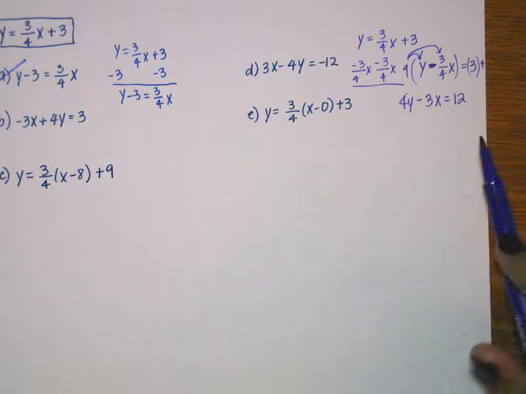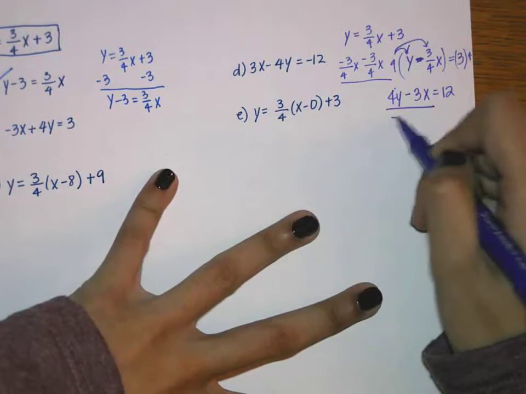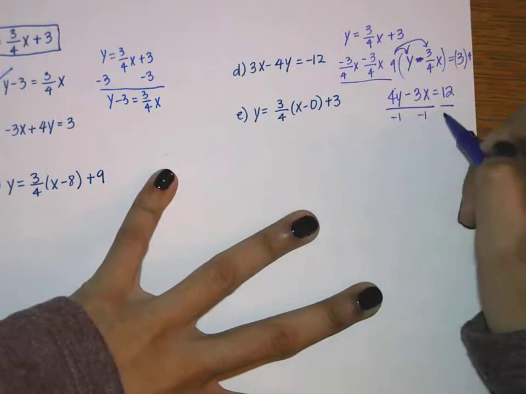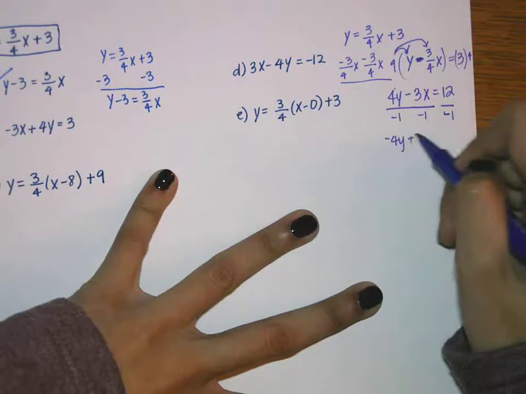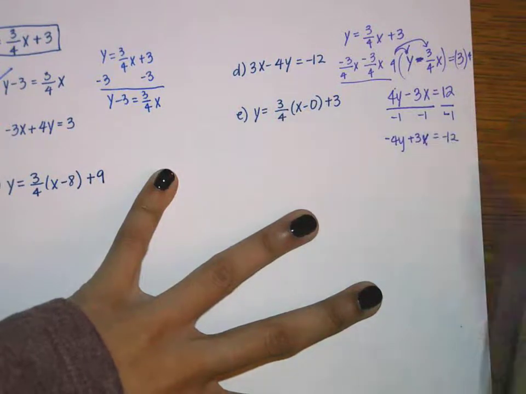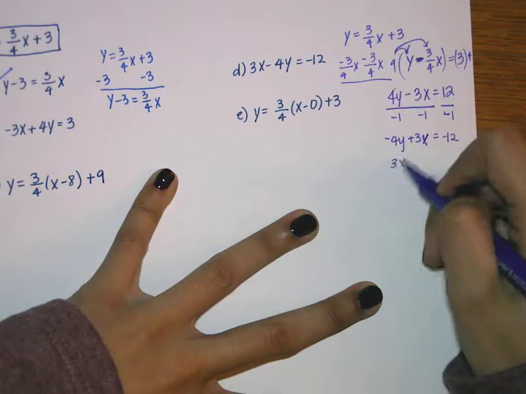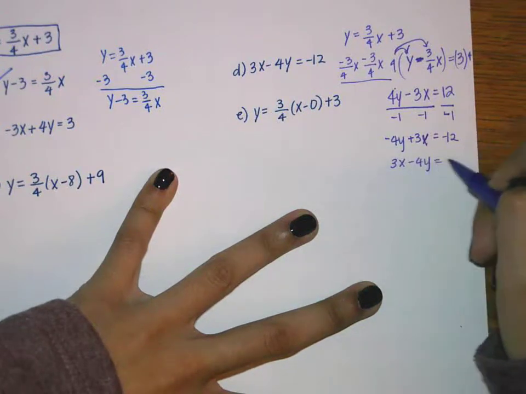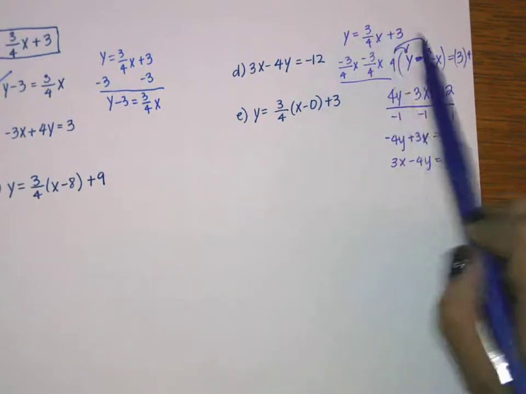So I am going to divide everything by a negative 1, and I'm going to be left with negative 4y plus 3x is equal to negative 12. I can rearrange this to look like my answer choice. I can have 3x minus 4y is equal to negative 12, meaning our original equation and our answer choice do graph the exact same lines, so I can cross out this option.